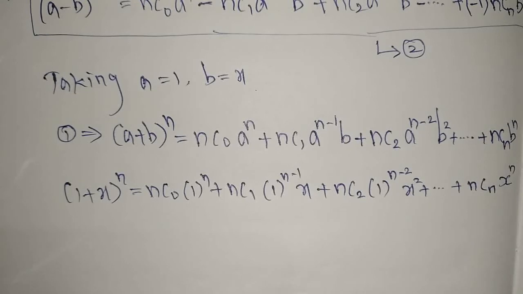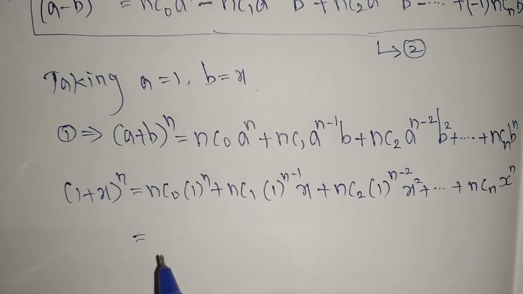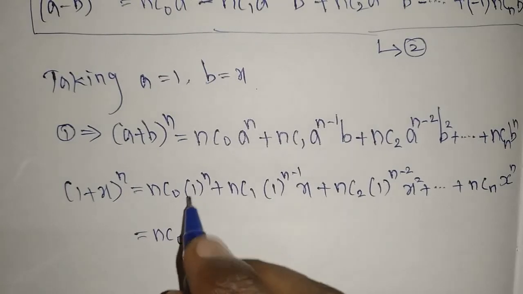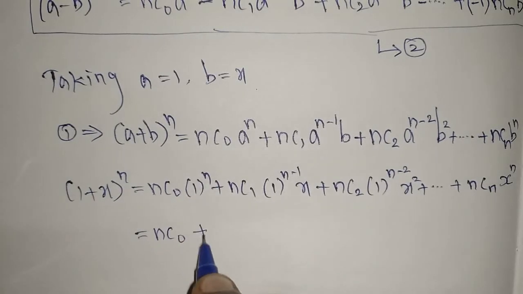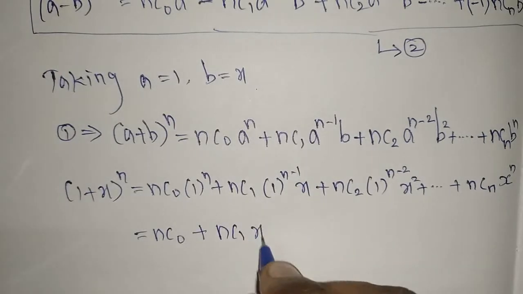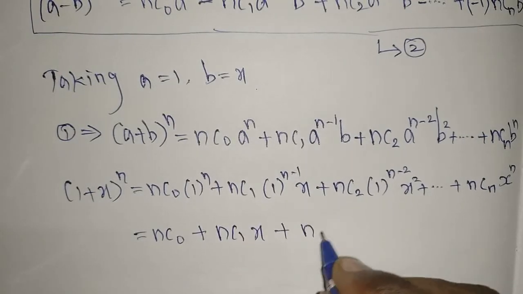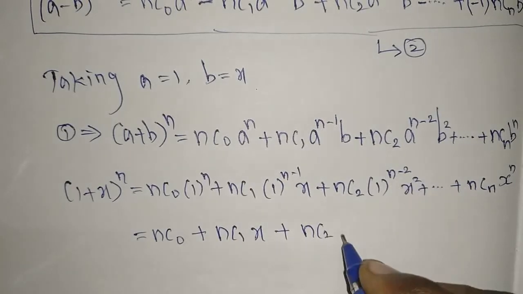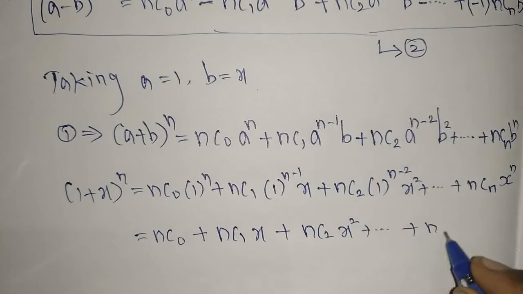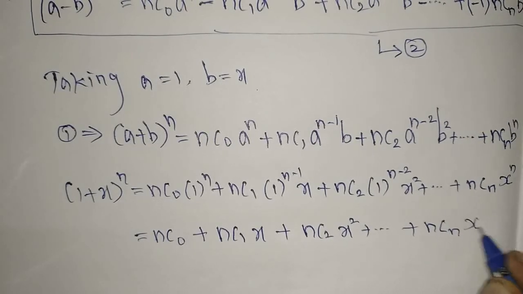Now if you simplify this, you will get this answer. Listen to this. So 1 power anything is equal to 1 only, except infinity. So nC0, 1^n, 1 only, leave it. nC1, 1 power anything, leave it, then we have x. nC2, 1 power anything, leave it, then we have x^2, up to nCn x^n.